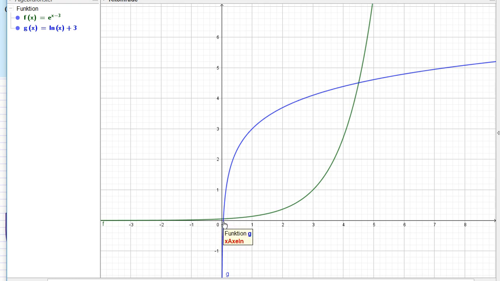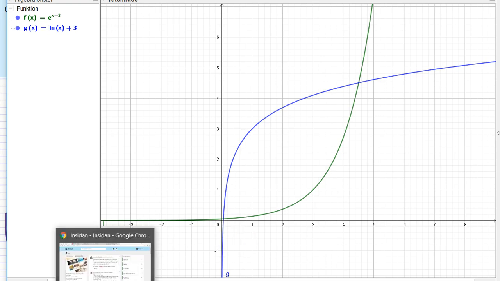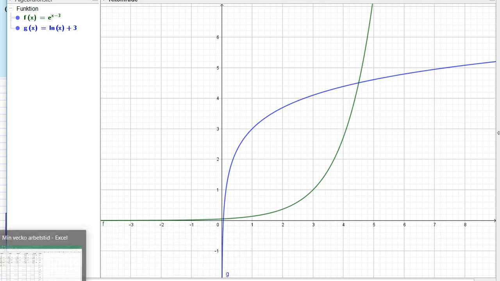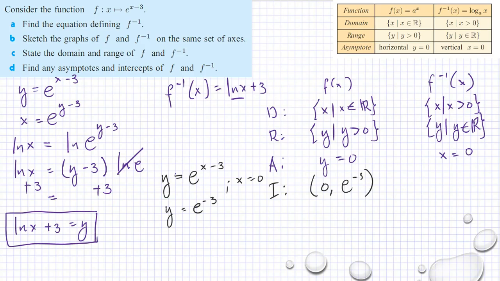Now let's look at the other one, when y is equal to 0. We have y is equal to ln of x plus 3, when y is equal to 0. If we subtract 3 from both sides, then y minus 3 is equal to ln of x.